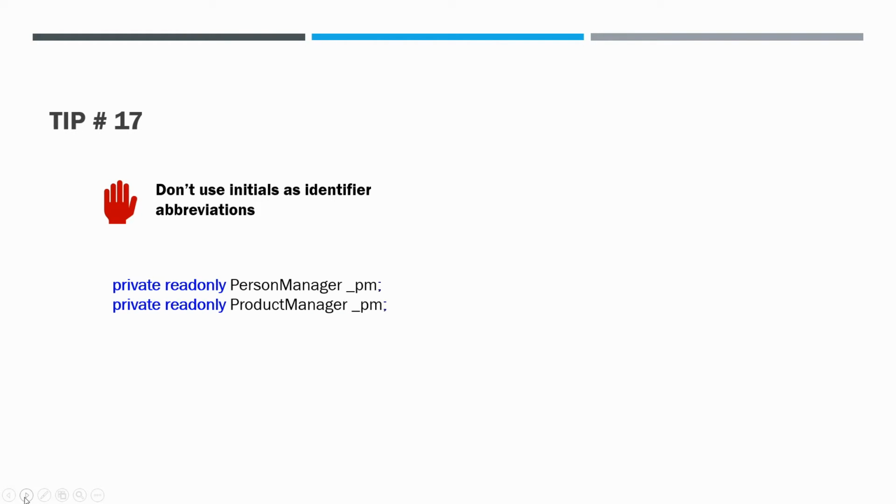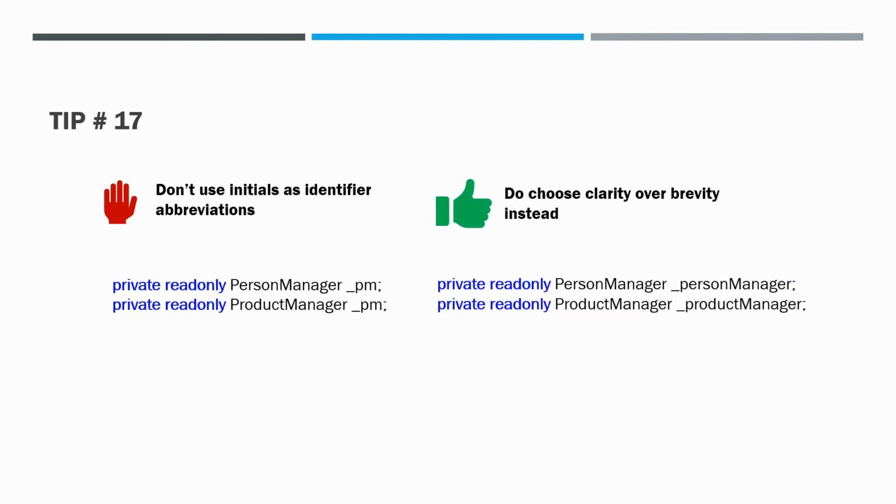In this case, we now have an object, person manager, and product manager with the same initials. So this can create inconsistency in your code. Instead, choose clarity over brevity. Now this makes the developers understand the code easily, as it clearly suggests what the object is about.